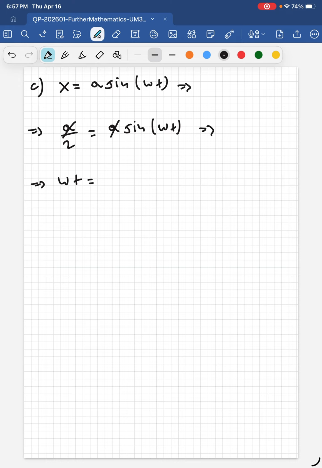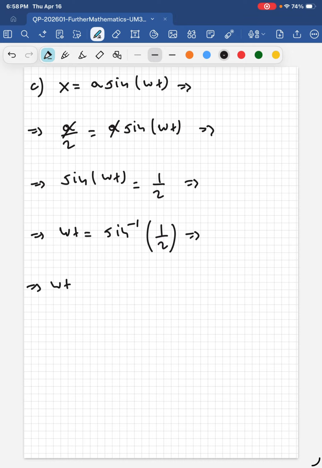Sine omega t is 1/2, which means that omega t is the inverse sine of 1/2. Okay, so omega t is pi over 6. So time is pi over 30 seconds. Okay, so at time pi over 30 seconds, the object makes it to the amplitude a halves.